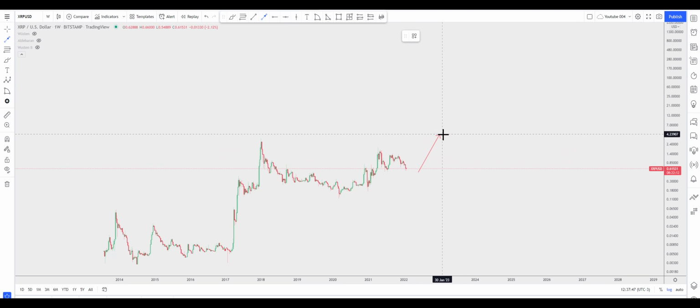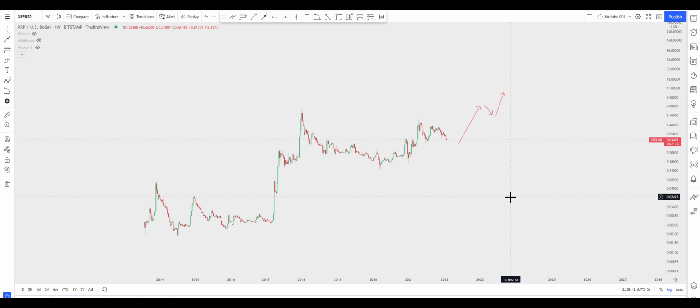So he's expecting 3 around 4, and then close to 3. No, 2 and something. And then he's expecting something around $8.70. Folks, this is utter garbage. Okay? Why?